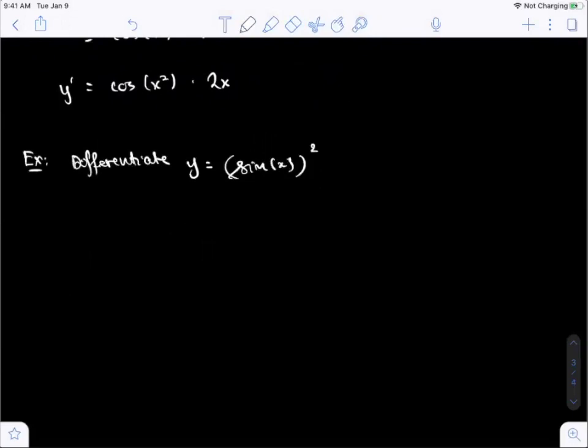It's actually the entire sine of x, and the outside function is the square function. So let me be careful here. The inside part is u equal to sine of x, and the outside part is y equal to u squared.